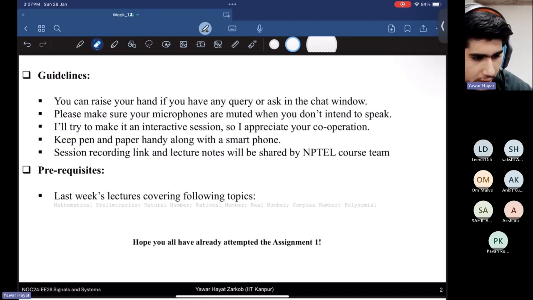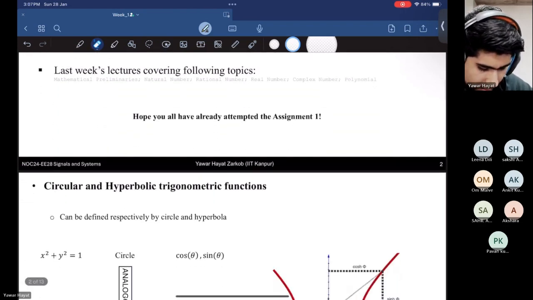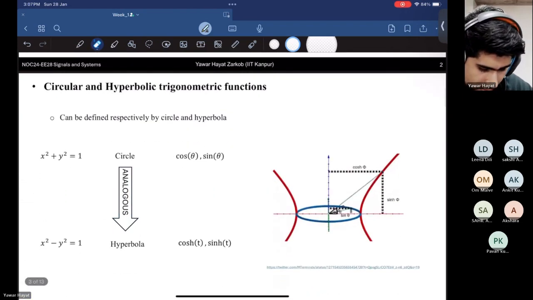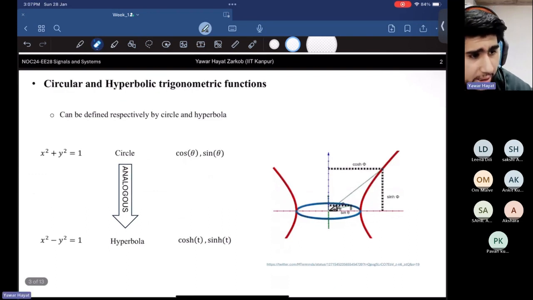And I hope you all have already attempted assignment one. Now, before attempting problems, let's briefly recap what we have learned.